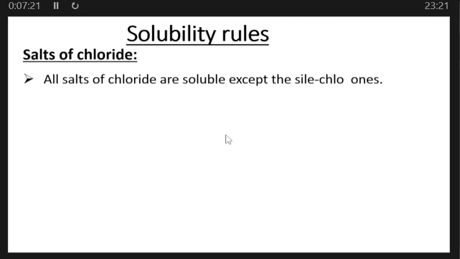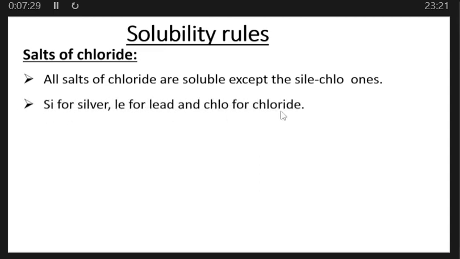So what do I mean by the "sour chlor" ones here? We mean the Si here for silver, this Le here for lead, and this chlor here, which is for chloride.